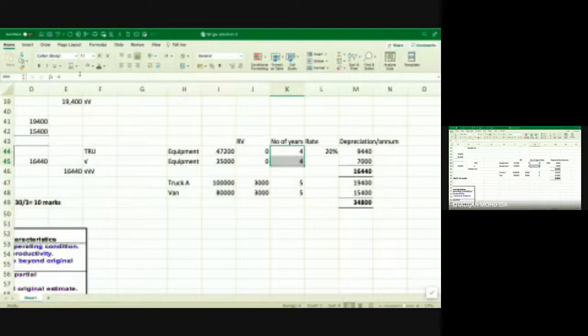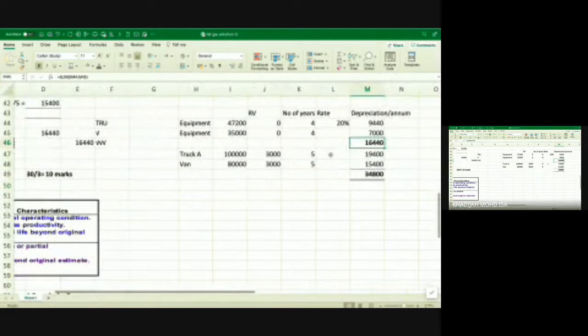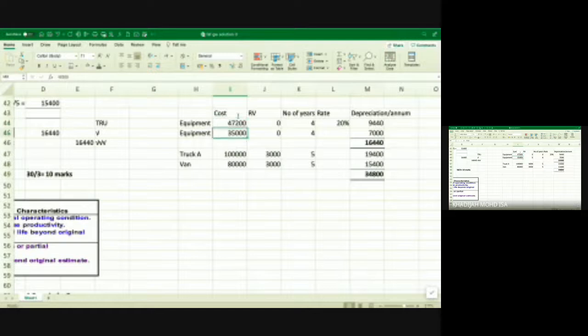So you're going to use the rate 20%. So total is 16,440. For truck A is a straight line basis. So the cost minus your residual value over number of years, right? So you get the depreciation cost per annum.